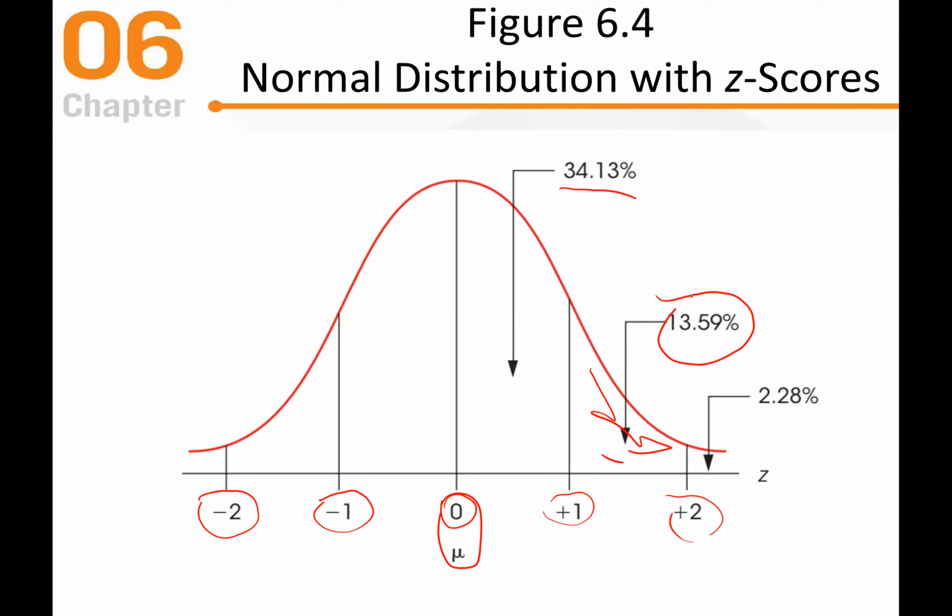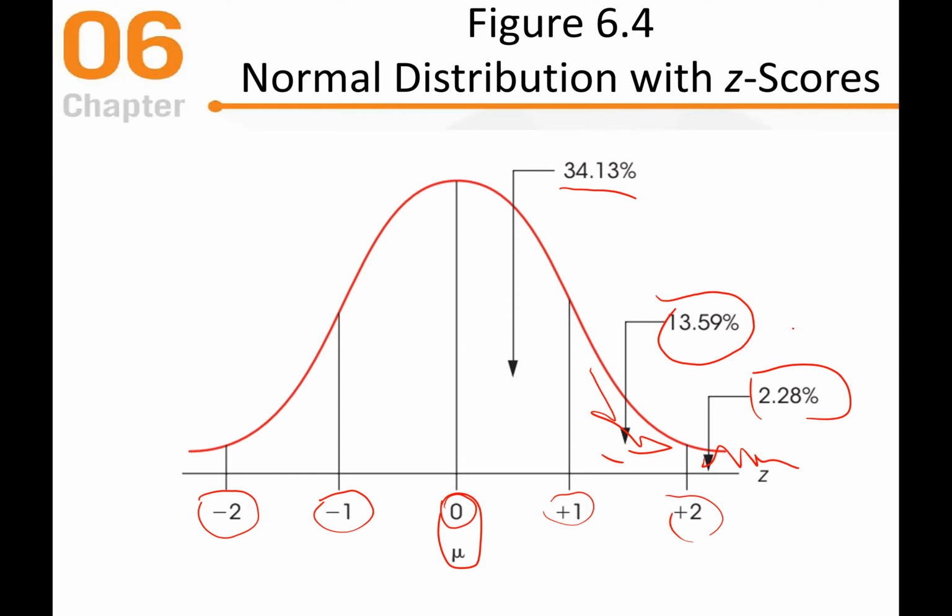If we ask what is the proportion of scores that are 2 standard deviations or more above the mean, that is this right here, and that's going to be 2.28%.